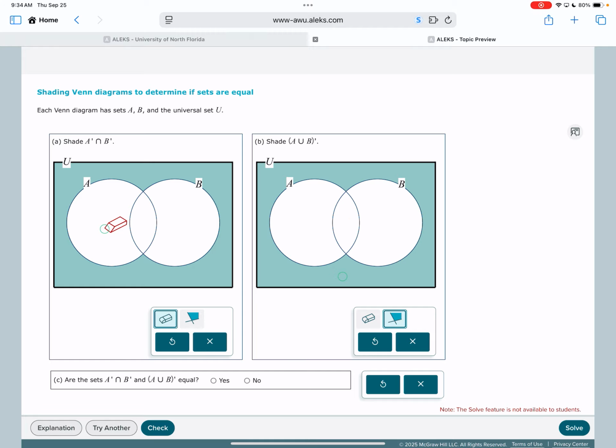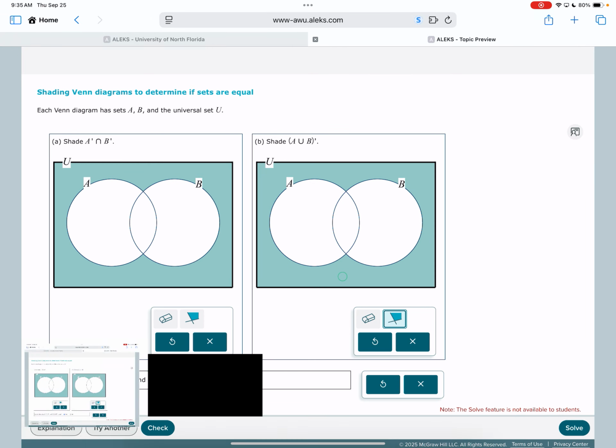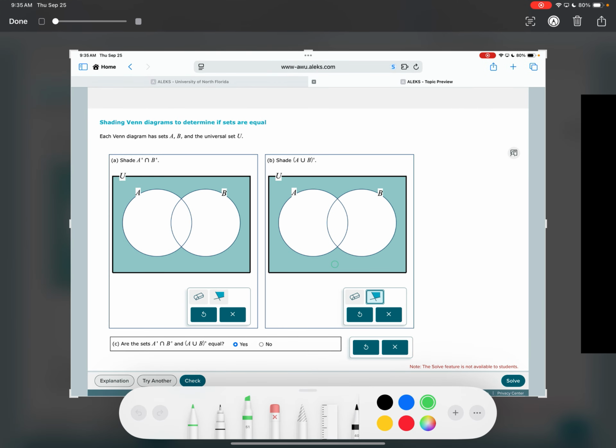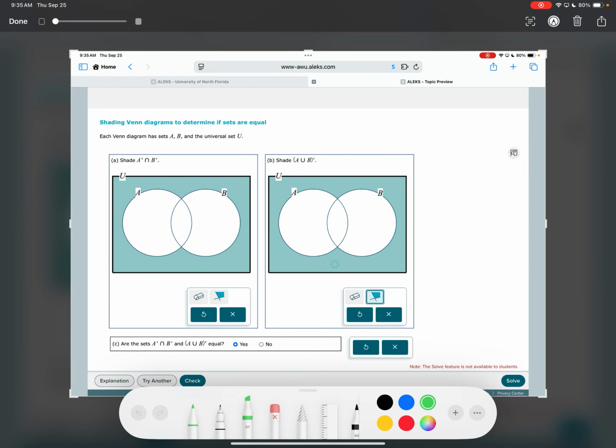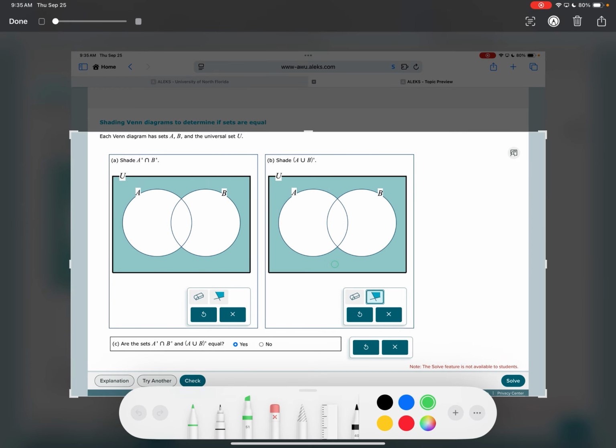So the point of this topic is to show you, and these are equal, that just because you have different symbols doesn't mean that you necessarily get different shadings or different numbers or whatever you're looking at. These two symbols actually mean the same thing.